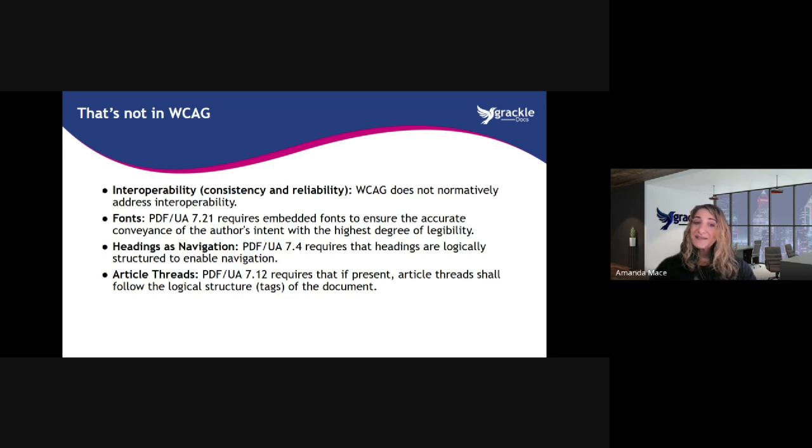Fonts are a really fascinating piece of PDF accessibility, not just from a design standpoint either, but from an embedding standpoint. So there's a section within PDF UA, 7.21, in case you're curious, which is here on my slide. And it's critical for accurate conveyance of the author's intent with legibility.